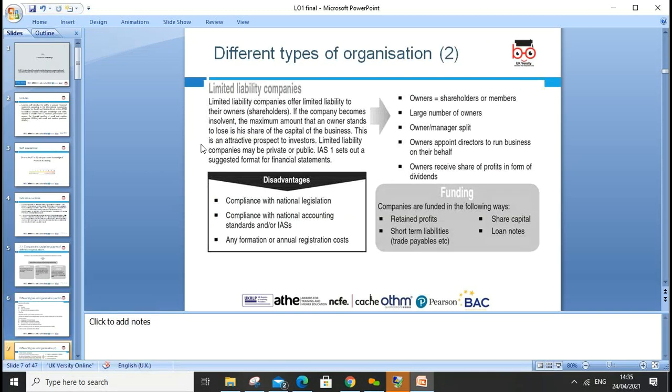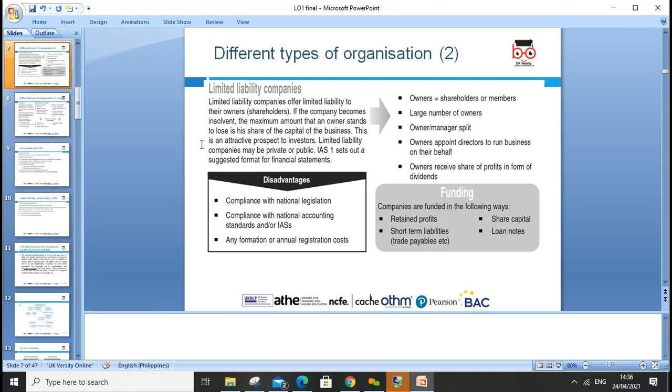Now different types of limited liability: there can be 2 types, Ltd and PLC. Do we know what the requirement is? If you want to register a PLC, how much investment is required?